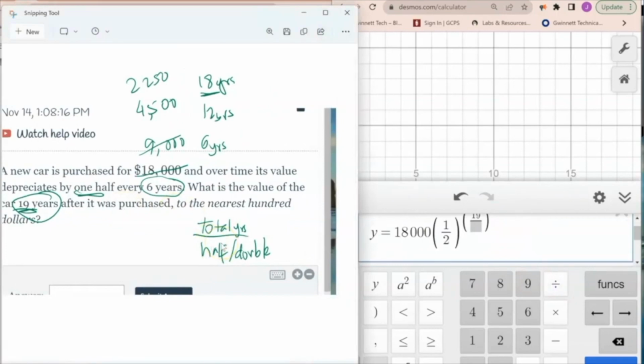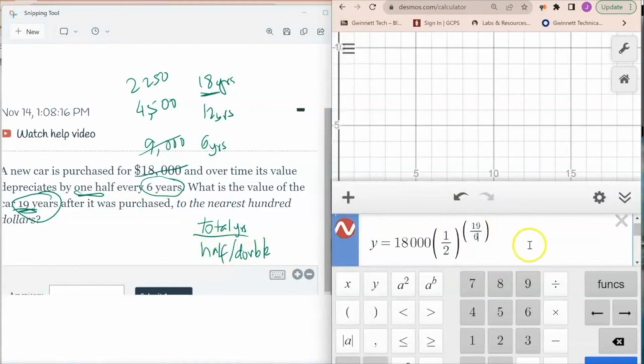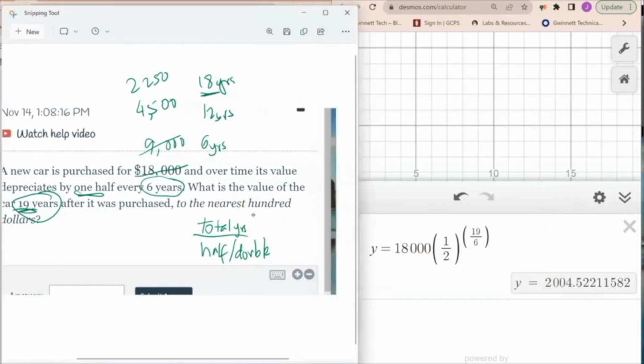In this case, it's every 6 years. Really what you're doing is just finding out exactly what this number is. It's going to be close to this 2250. Can you see that? 2,000 was close to that 2,250, because that was 18 years, not 19 years.